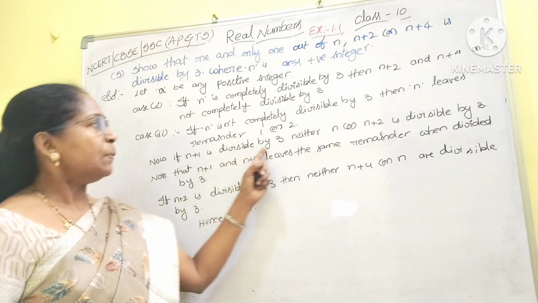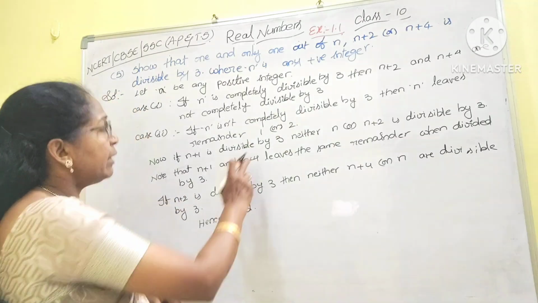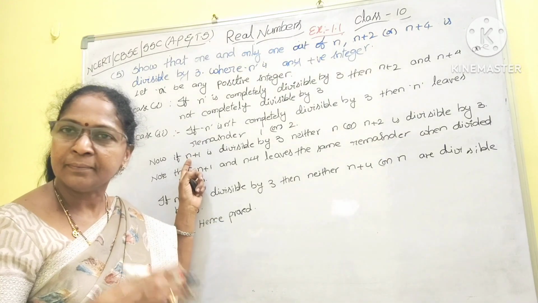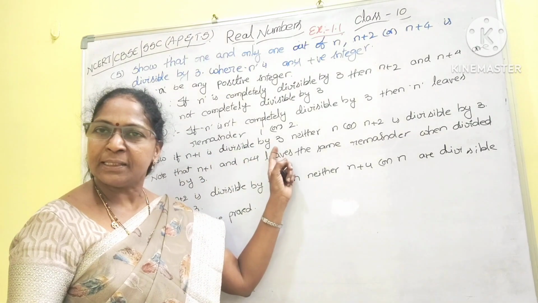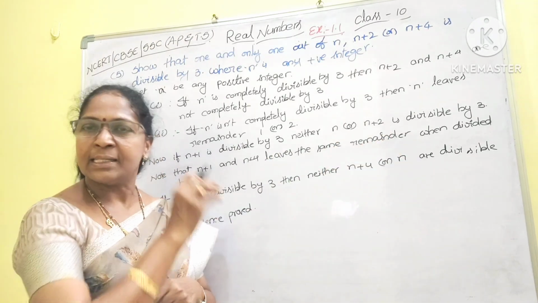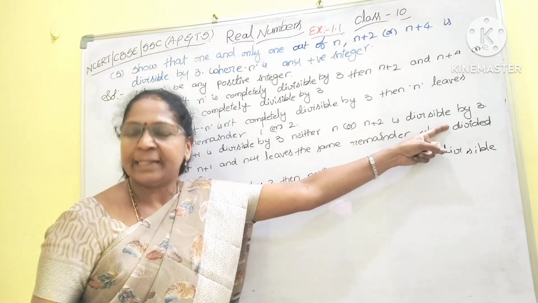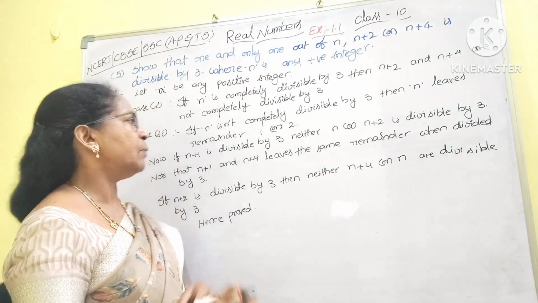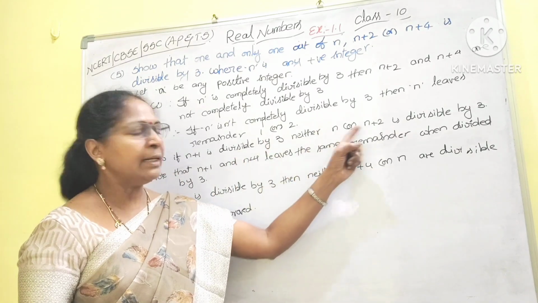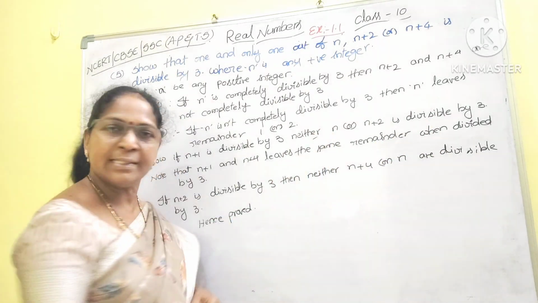Now, if n plus 1 is divisible by 3, if n equal to 2, 2 plus 1 is 3, and 3 by 3 is divisible by 3, then neither n nor n plus 2 is divisible by 3. Neither nor means no, it is not divisible. If n equal to 2, then n plus 1 is divisible, and n and n plus 2 are not exactly divisible by 3. Yes, this condition is satisfied.